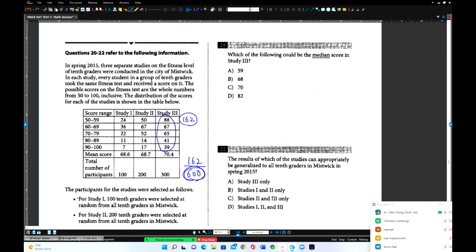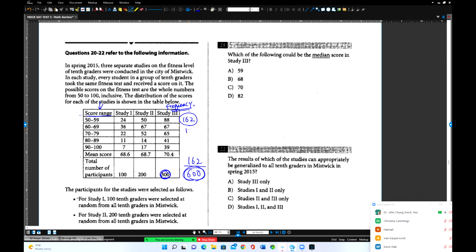This is frequency, number of people. They're asking about the score over here, right? The score range. Which person in the middle number has the score? That is the median, isn't it? So we're going to count over here. Study 3 is 100 people. So who is in the middle?